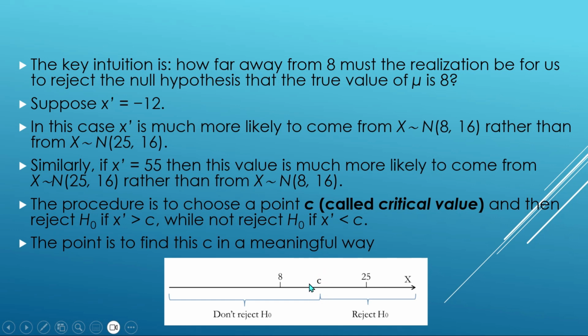If our realization is greater than C, then we will say our null hypothesis was wrong, and we will reject it. If it is less than C, we will accept our null hypothesis.